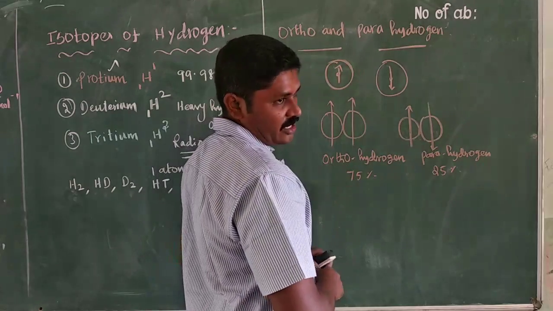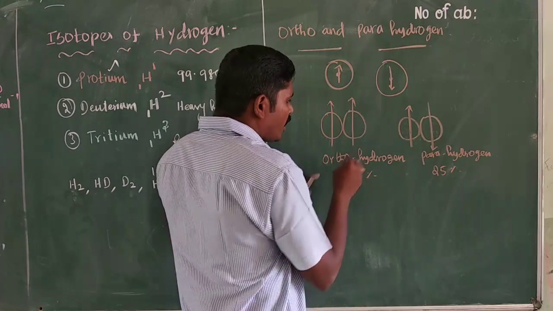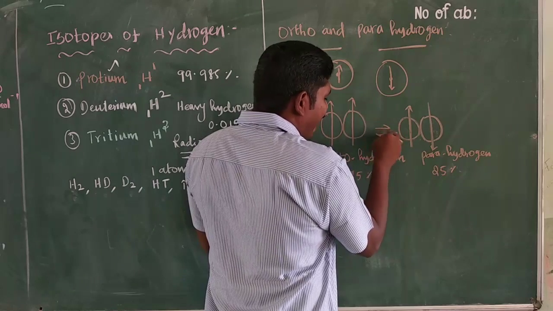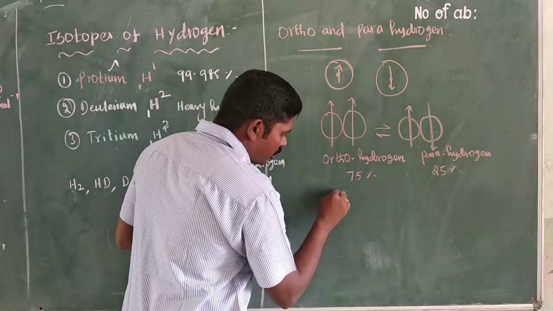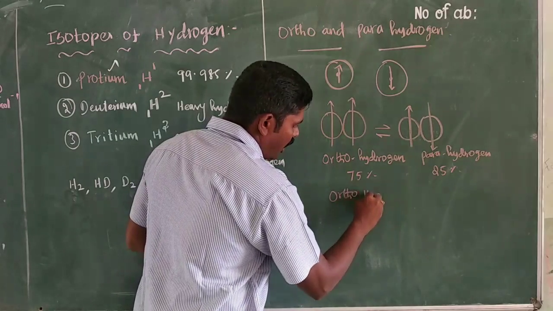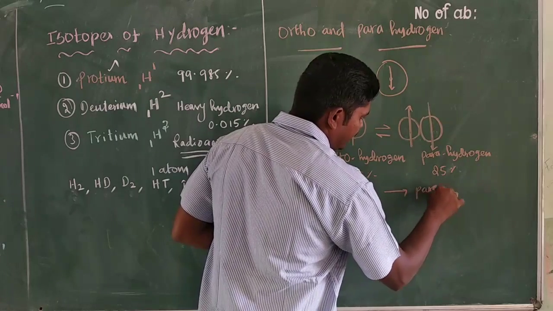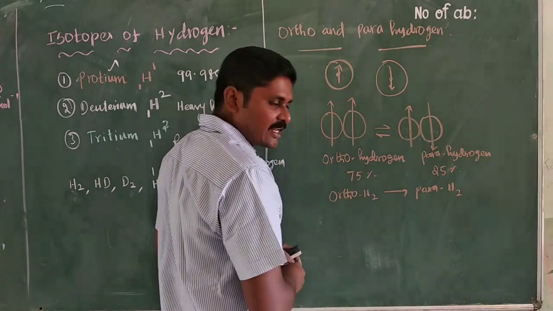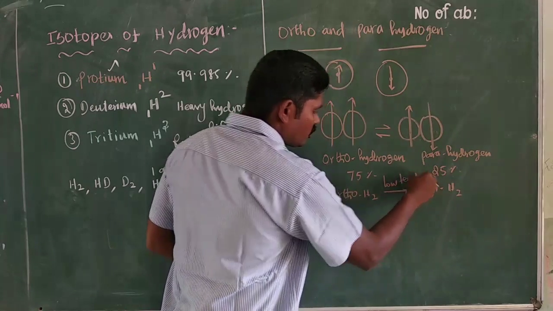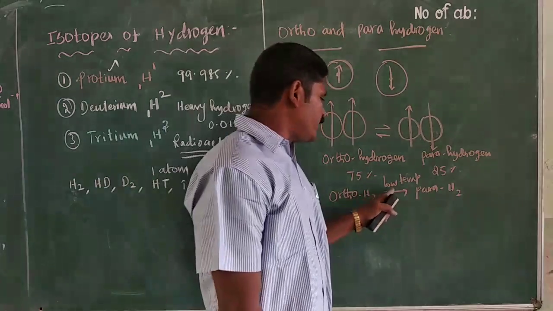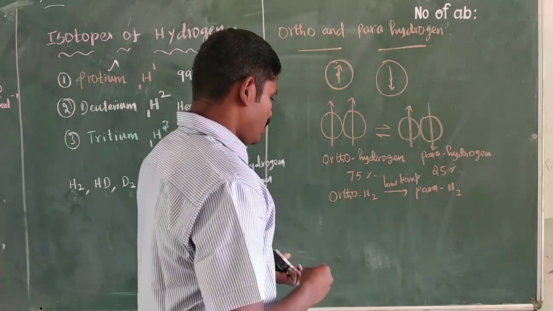At low temperature, the equilibrium favors the conversion of ortho-hydrogen into para-hydrogen. At low temperature, the equilibrium favors the para side.